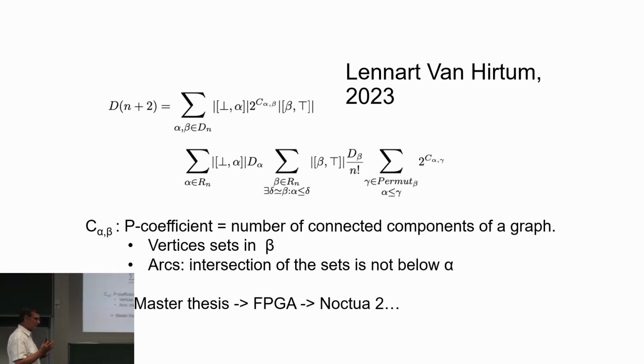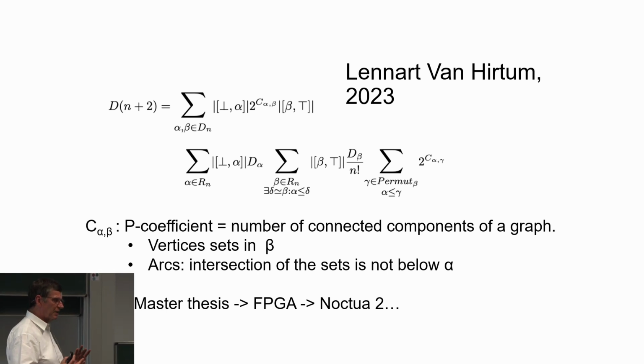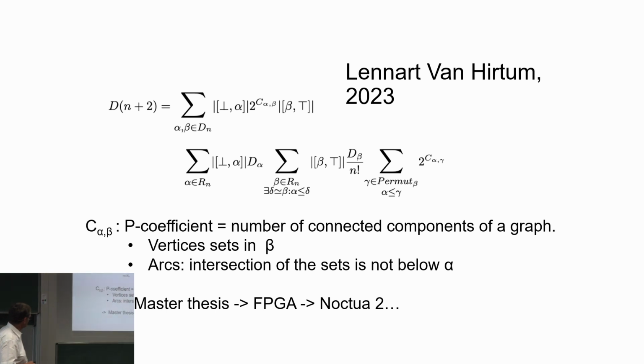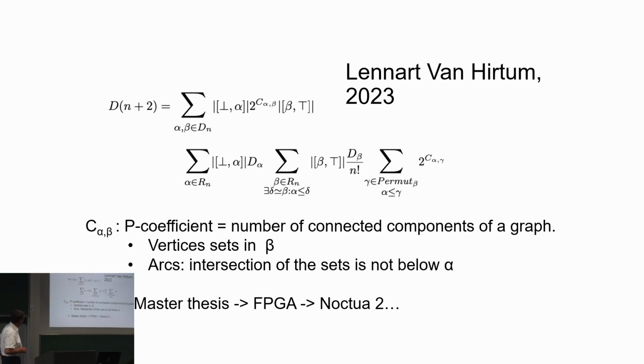If you look at it from the monotone function perspective, it's much harder to see, but the alpha and beta are anti-chains, and the elements of, I think, of beta are the vertices of my graph, and the arcs are intersections of sets which are not below alpha. So that defines a graph between the 2 to the 9th vertices of an anti-chain beta. And the question is, how many connected components does this one have?